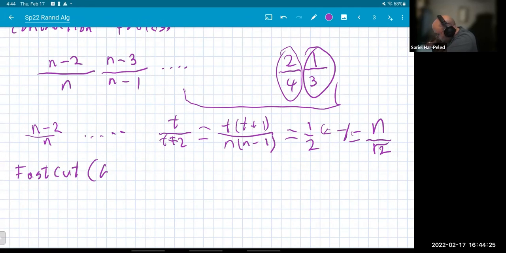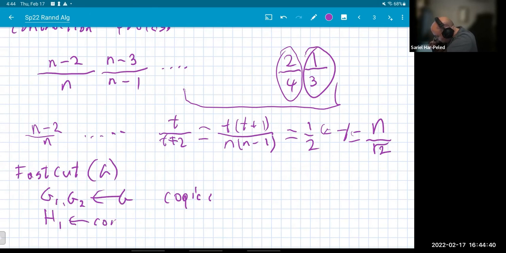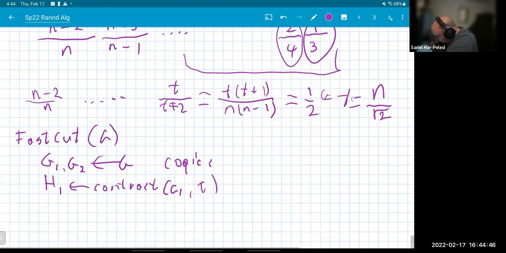I'm going to create 2 copies, G1 and G2, of G. Then H1 would be contract G1 to size t, and likewise H2 from G2.